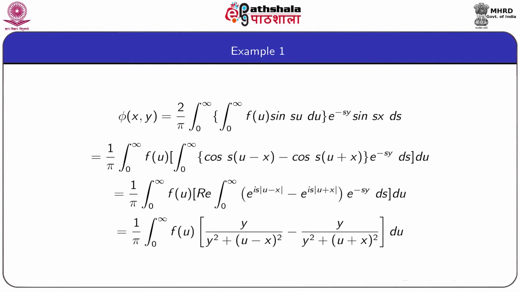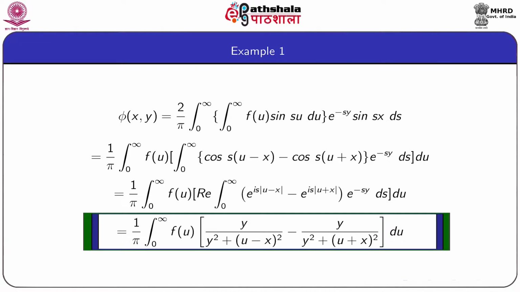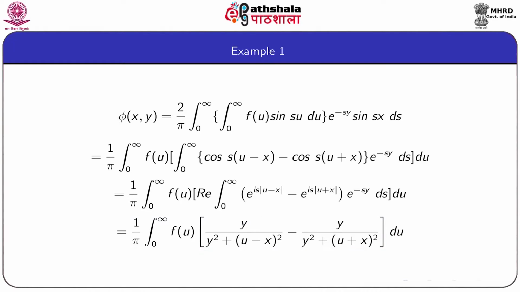After simplification, this gives us 1 by pi integral 0 to infinity fu y by y square plus u minus x whole square minus y by y square plus u plus x whole square du.